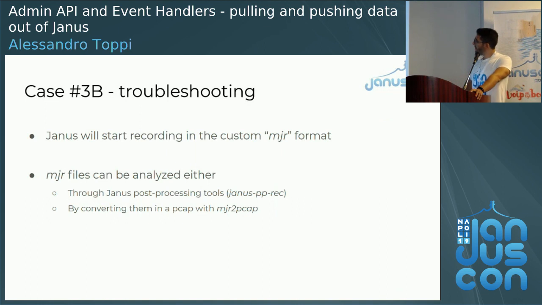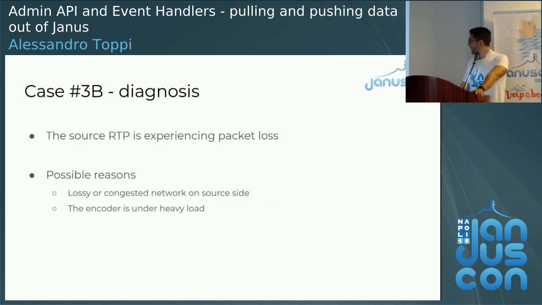Janus starts the recording in our custom MJR format, and the MJR files can be analyzed with at least two tools. One is the post-processing tool. The other one is mjr2pcap, which just converts the MJR into a packet capture, so you can analyze it with Wireshark, for example. So let's say we have our recording.